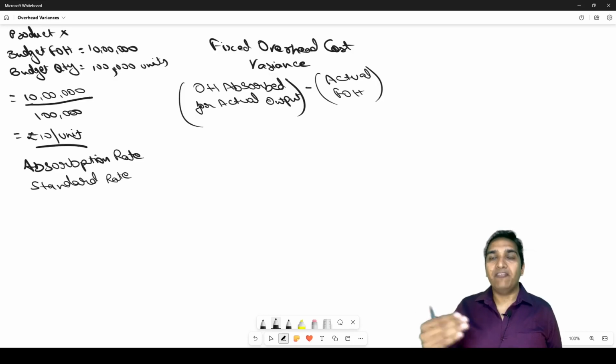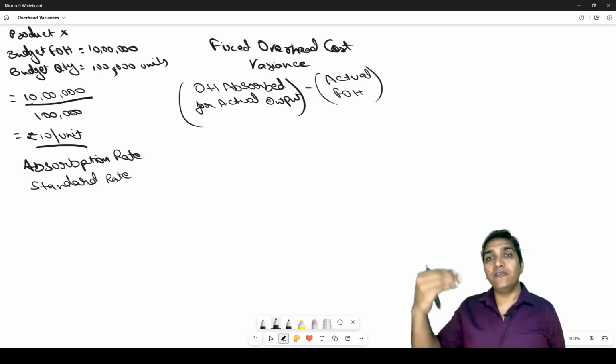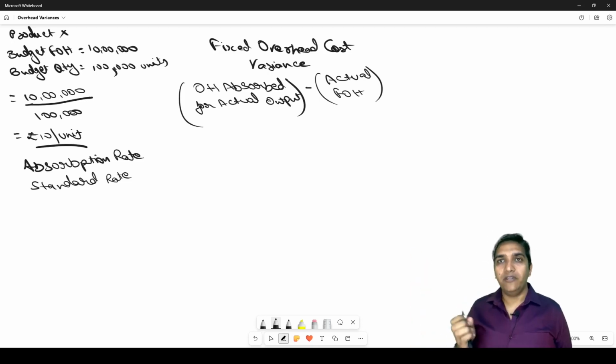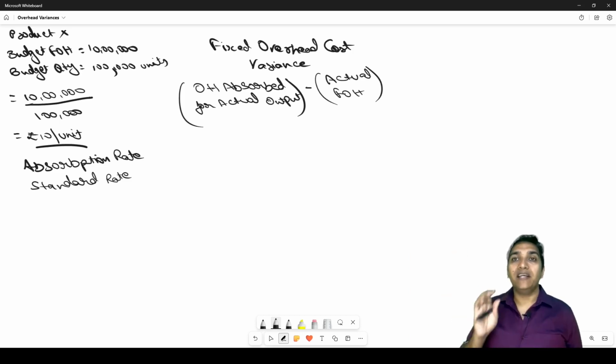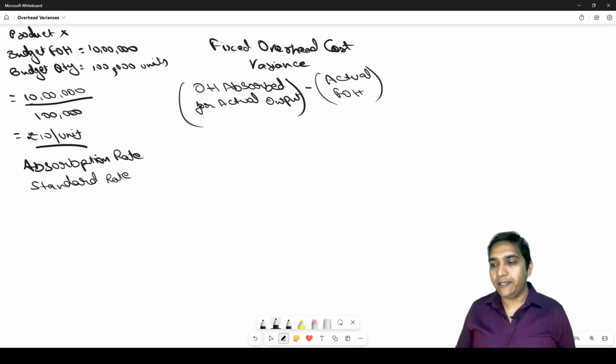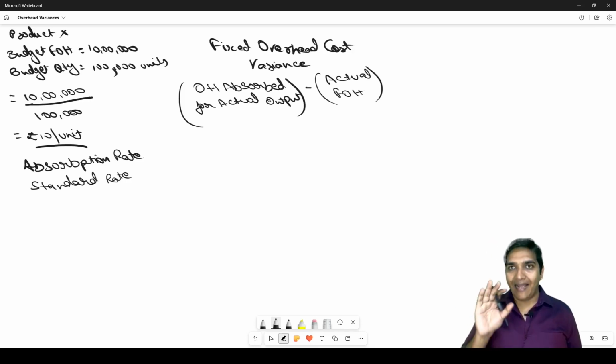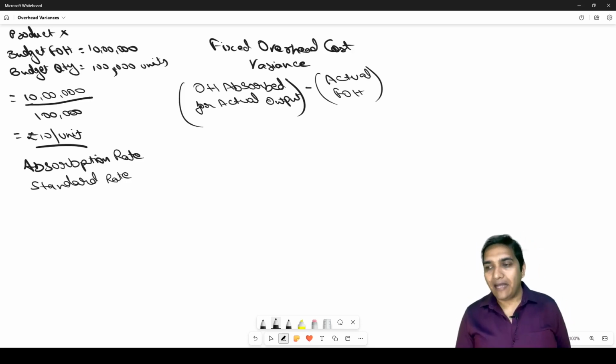That is, if my budgeted quantity is 1 lakh, then per unit of my output, how much fixed overhead will be absorbed? That is called the absorption rate. So when we say overhead absorbed for actual output, we have calculated our absorption rate, which is 10, which we will multiply with our actual output.